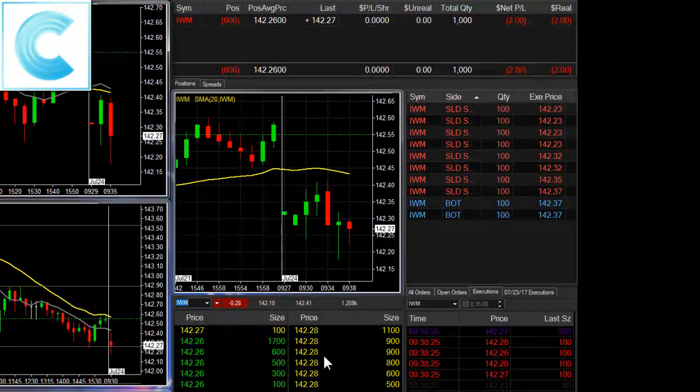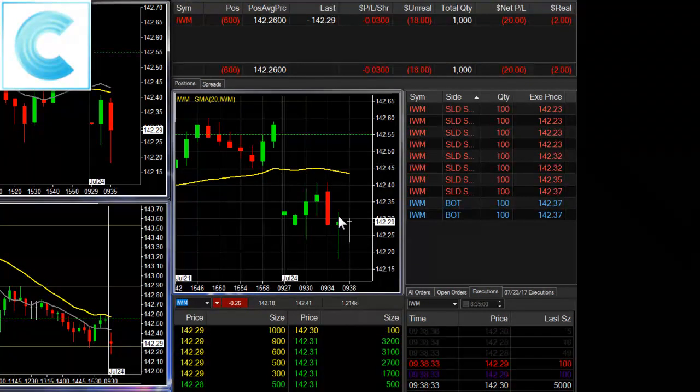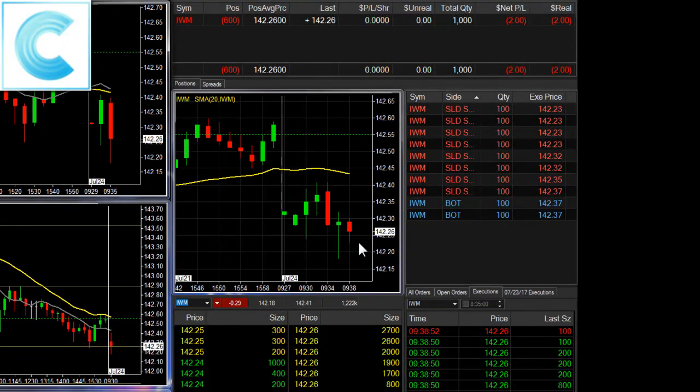All right, so I need to be careful here because it's going above my average price. Let's say if it goes into the 32s or so, I'll need to liquidate the entire position and take a little bit of a loss here. The total loss would be, well, at this moment it would actually be a gain because the price just moved a little bit favorably there.